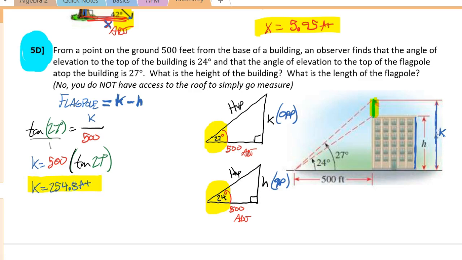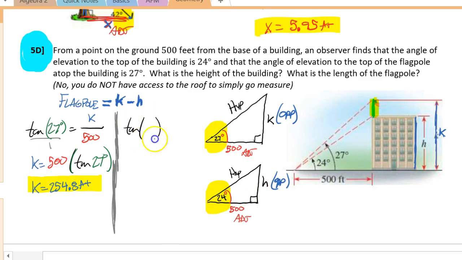By the same token, we can set up a trig ratio for H. We are given the opposite and the adjacent, so once again we are going to do the tangent ratio. The tangent is equal to H over 500, the adjacent side, and this time we have 24 degrees as our angle measurement.